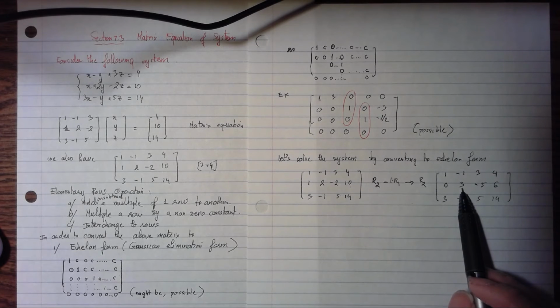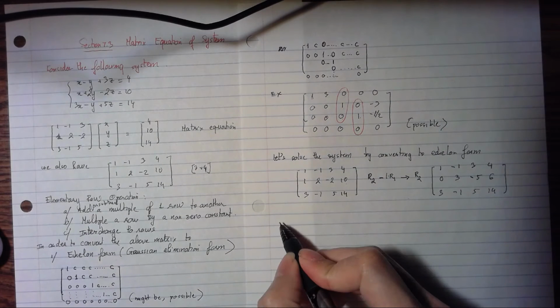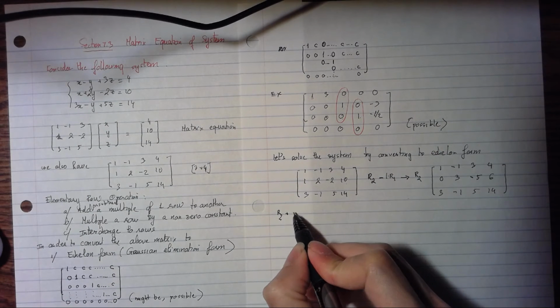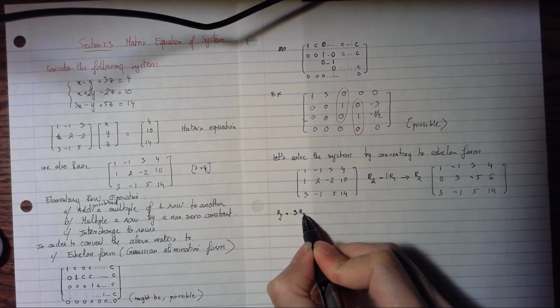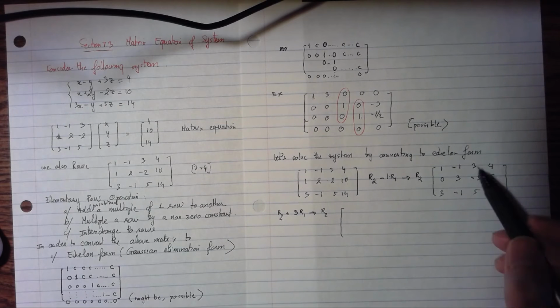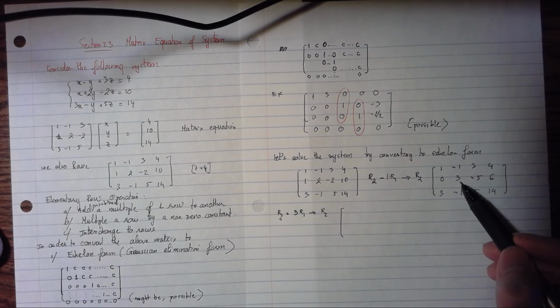It means that you want to change row 2 again. You want to change this new row 2. So row 2 will be 3 plus 3 times row 1, right? Because 3 times row 1 will mean 3 times negative 1, negative 3, negative 3 plus 3 is 0. I mean, you don't want to get 0 here, you want to get 1.